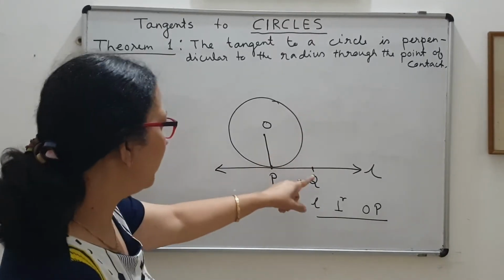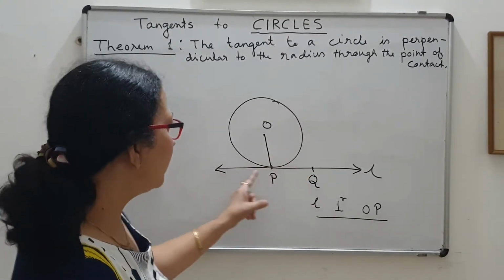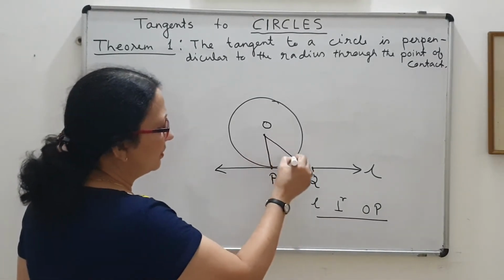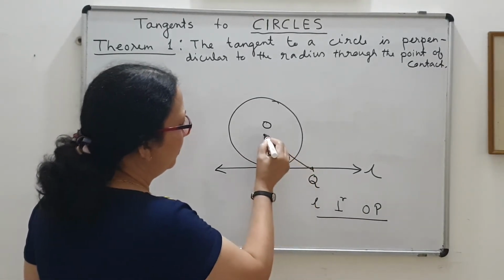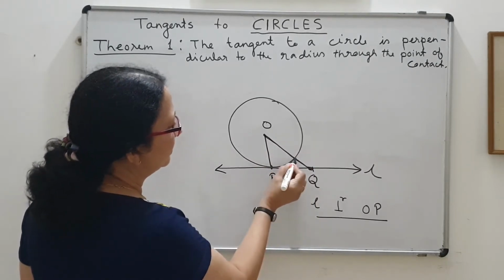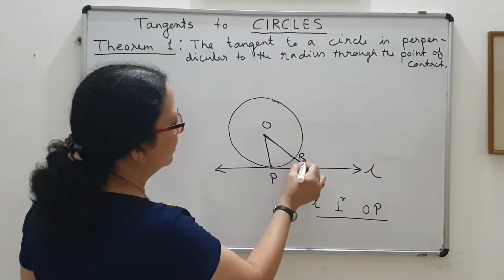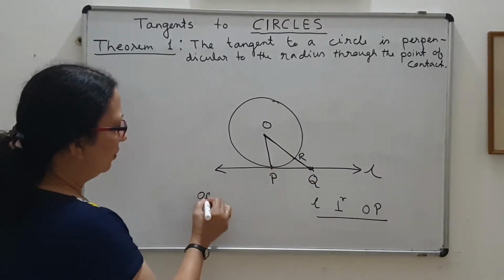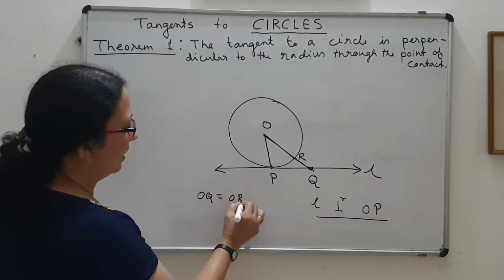So the point has to be outside the circle since it is lying on the tangent. So if I join this OQ, and suppose it cuts the circle at the point, say R, then what will happen? This OQ is equal to OR plus RQ.